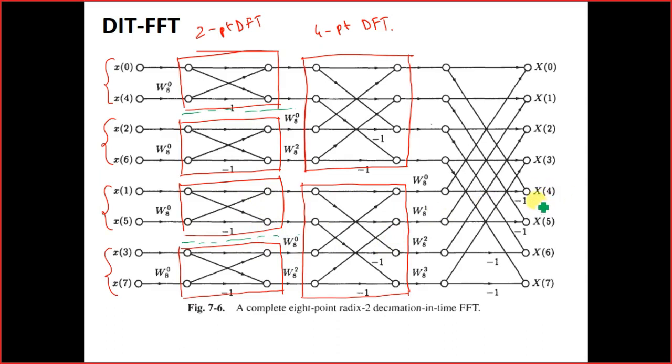Now while we go for the 8-point DFT, see what is the line which is segregating the two 4-point FFTs? This line, right? So what we are doing now, if you see, this one is upper 1, upper 2, upper 3, upper 4. Then we have lower 1, lower 2, lower 3 and lower 4.